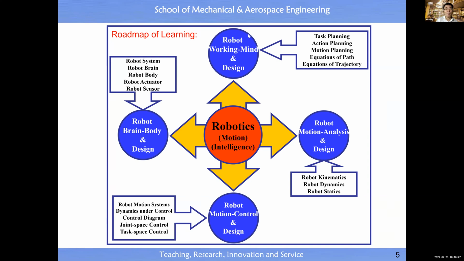Module number 3, how to analyze the motion relationship inside the robot. And module number 4, how to make a robot perform controllable motion, all right? So these are the basic knowledge for you to have in order to become an expert engineer in robotics, all right?